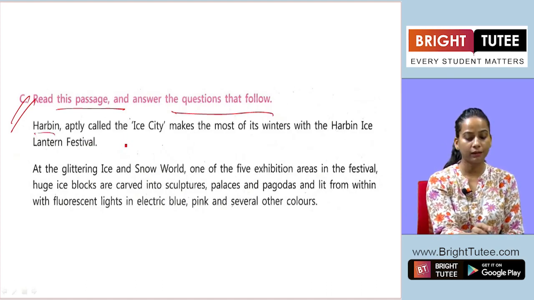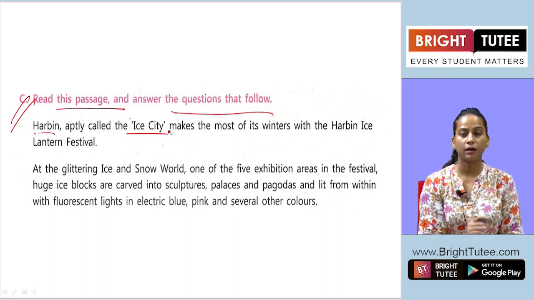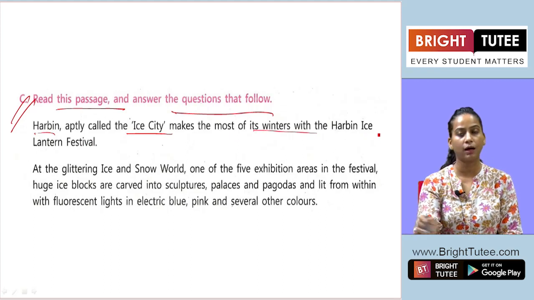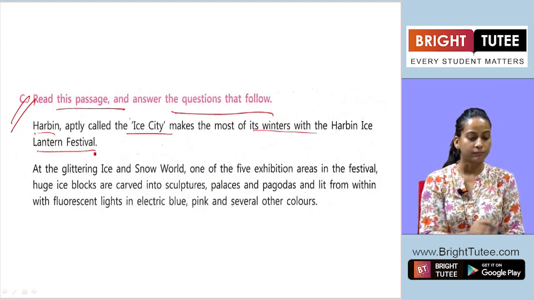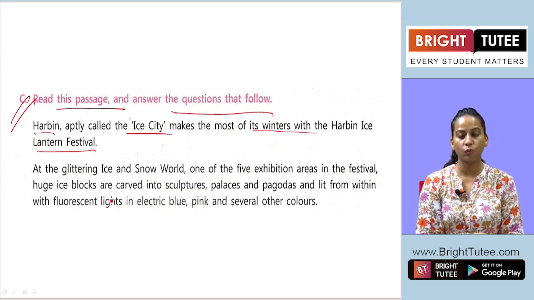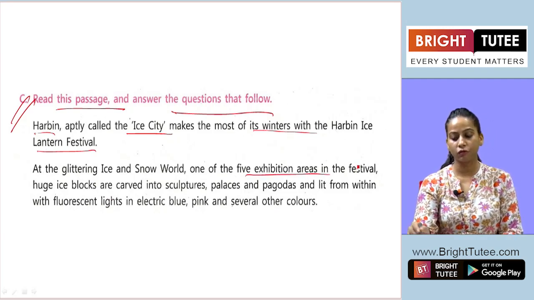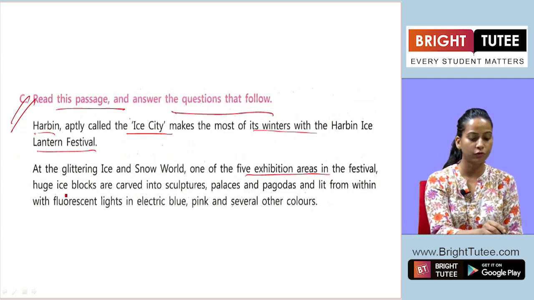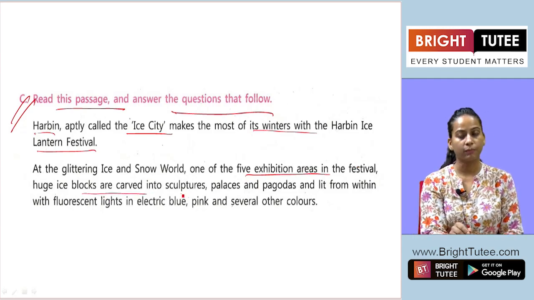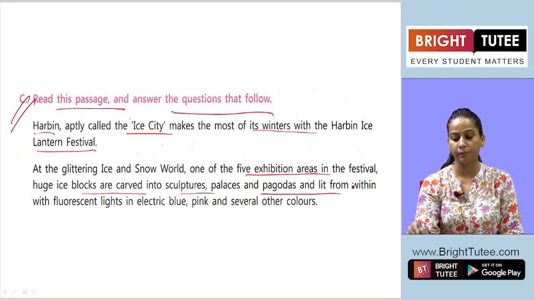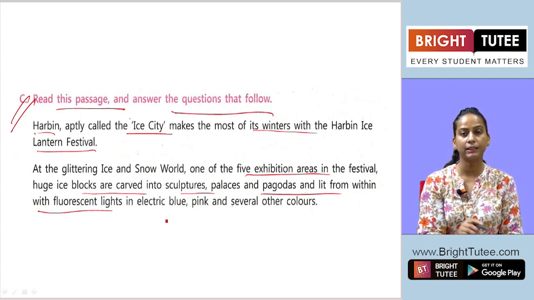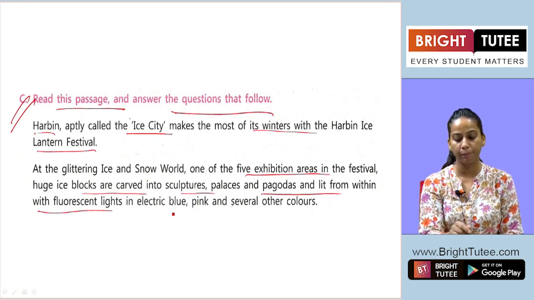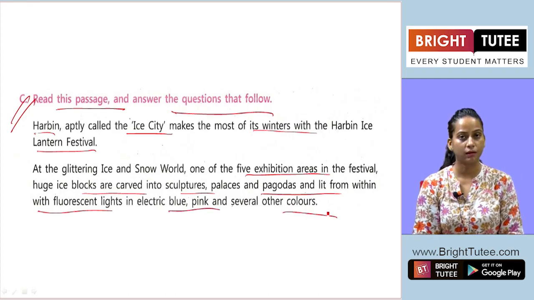Harbin, aptly called the Ice City, makes the most of its winter with the Harbin Ice Lantern Festival. At the Glittering Ice and Snow World, one of the 5 exhibition areas in the festival, huge ice blocks are carved into sculptures, palaces and pagodas and lit from within with fluorescent lights in electric blue, pink and several other colors.